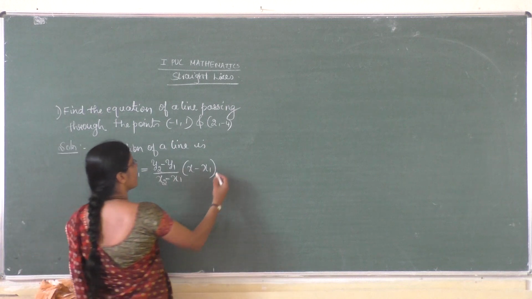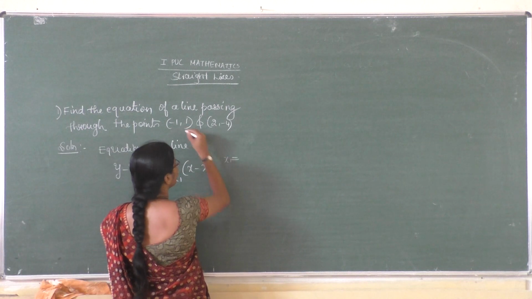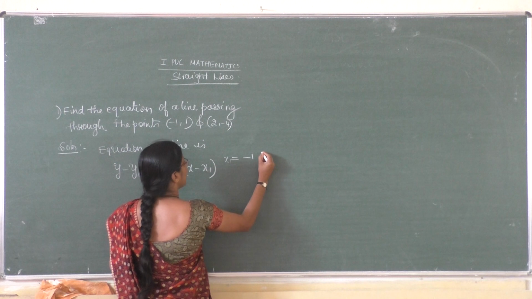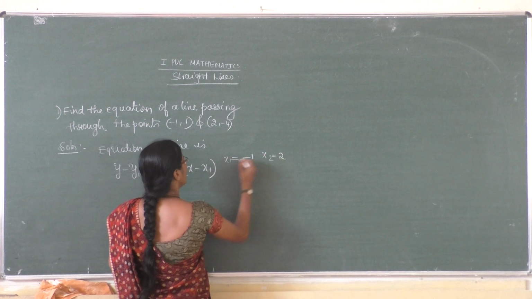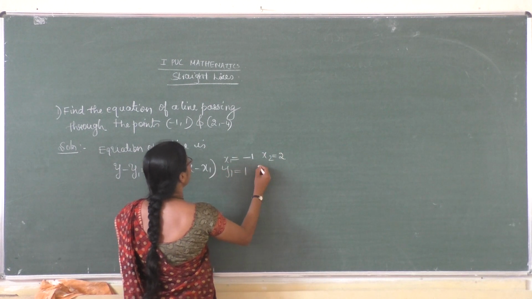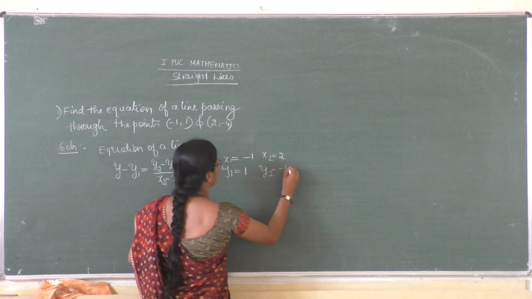Okay, so here what is x1? x1 is equal to minus 1, x2 is equal to 2, y1 is equal to 1, y2 is equal to minus 4.